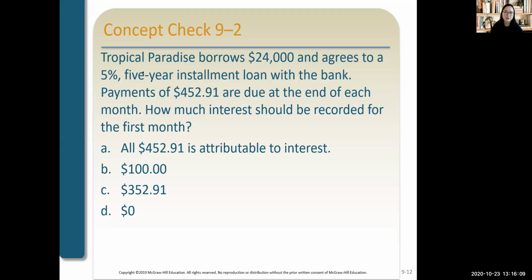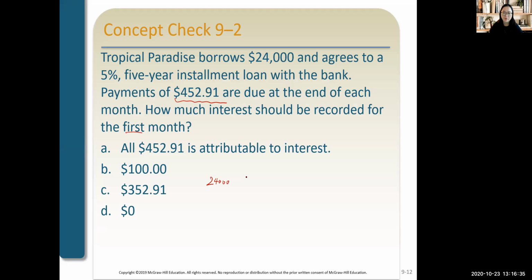So let's see. Tropical Paradise borrowed $24,000 and agrees to a 5%, 5-year installment loan with the bank. Payments of $452.91 are due at the end of each month. How much interest should be recorded for the first month? Okay, first of all, we use $24,000. That is, for the first month, the carrying value of the outstanding note.